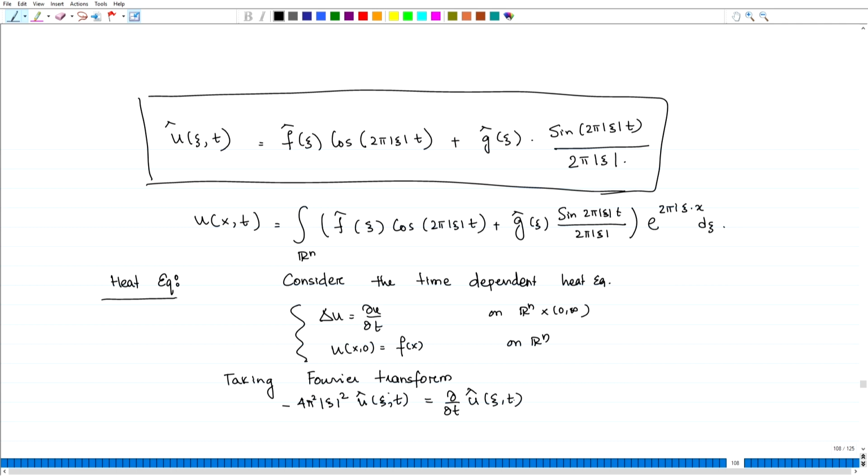Again this is an ODE, a first order ODE, so we know precisely what this is going to be. This will imply that u hat of xi comma t is equal to some constant times e to the power minus 4 pi square mod xi square t.